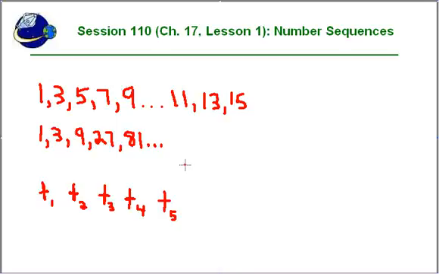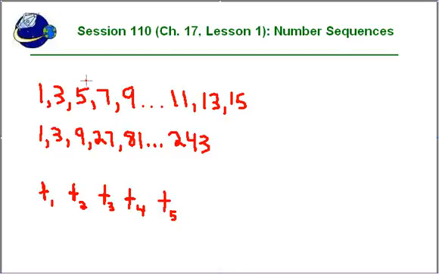If I asked you what is the next number in the sequence after 81, we would simply take 81 times 3, which would be 243. Now, when you have a number sequence whereby you have to multiply each term by the same number in order to produce the next term in the sequence, that's called a geometric sequence.